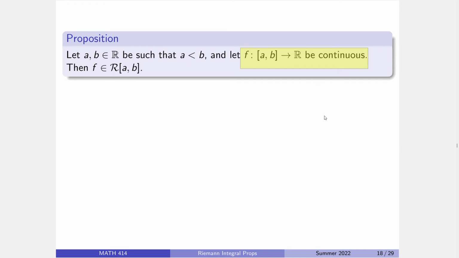However, it turns out, quite surprisingly, that the converse is false, but it's really close to being true, because something you can prove, and this goes well beyond anything we have access to, is that a function is Riemann integrable if and only if it is continuous almost everywhere. And what do I mean by almost everywhere?